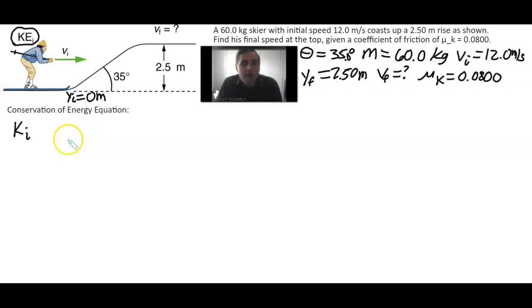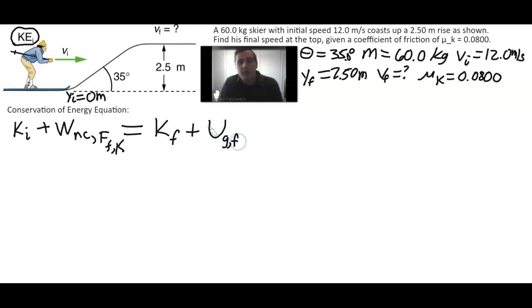So if we are going to perform this with work done non-conservatively by friction, you could say that's plus the work done that's non-conservative by the force of friction kinetic. We'll come back to that. Okay, then equals the final kinetic energy plus the final gravitational potential energy. Okay, that all looks fine.